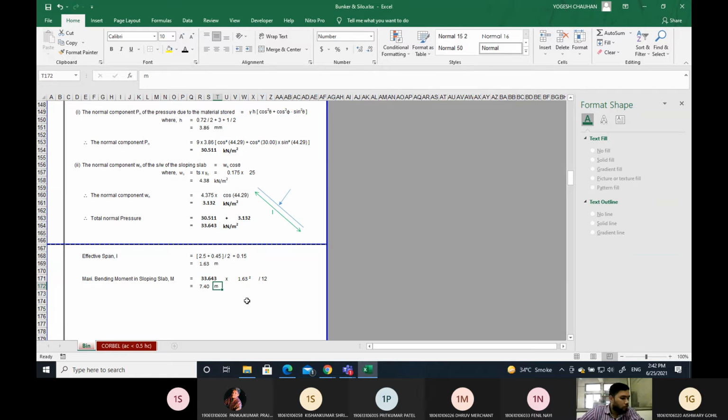So 7.4 Newton meter per meter width is the bending moment.